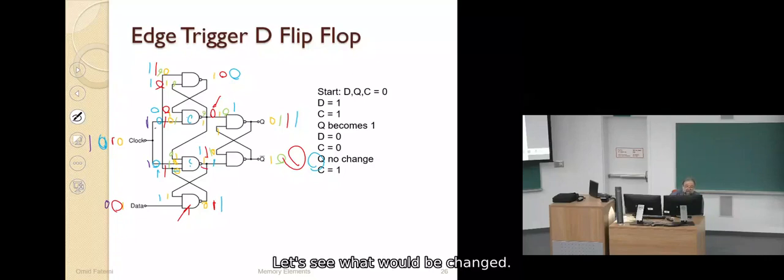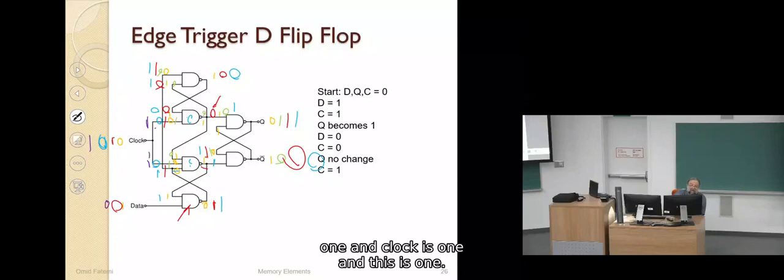Let's see what would be changed. We had 1 here. We had 1 here, so still we have 1 here. We have 1, and clock is 1, and this is 1. So the output of this NAND gate becomes 0.